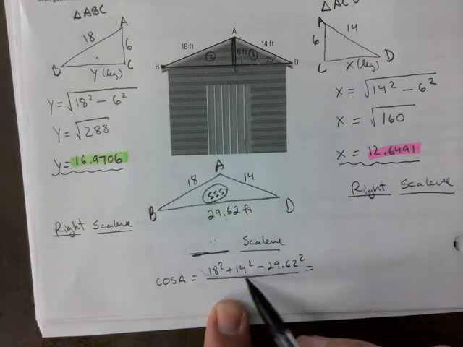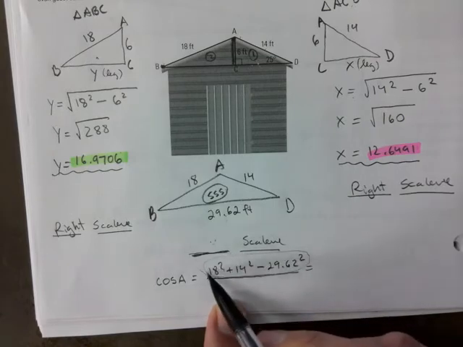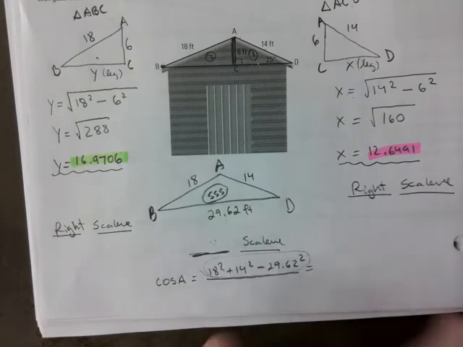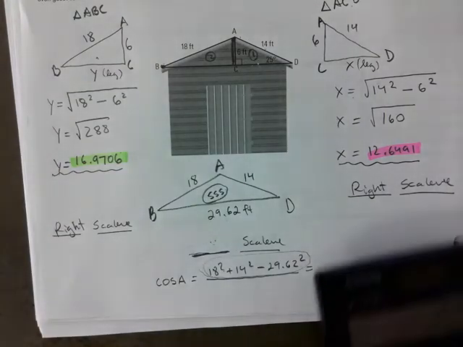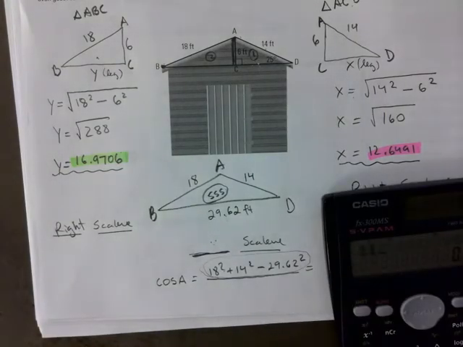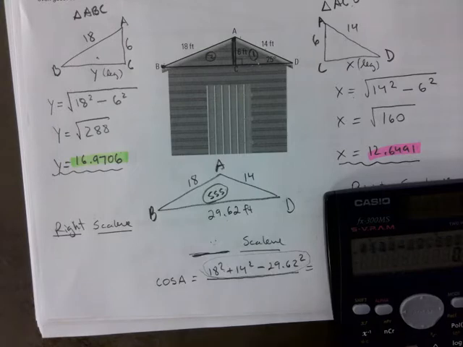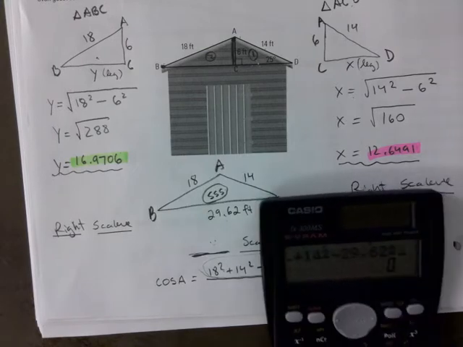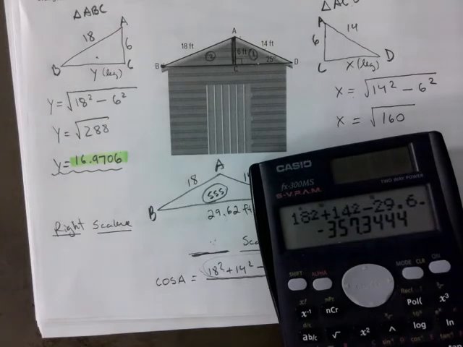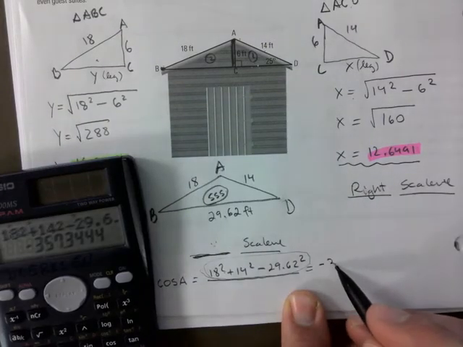I want to check to see if this is negative. That's exactly what I'm going to do. I don't want to actually find out the exact angle. So 18 squared plus 14 squared minus 29.62 squared. What do you think? It's negative.